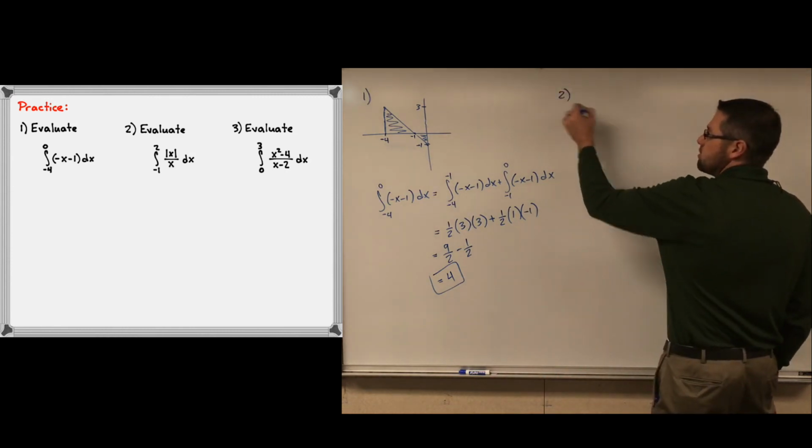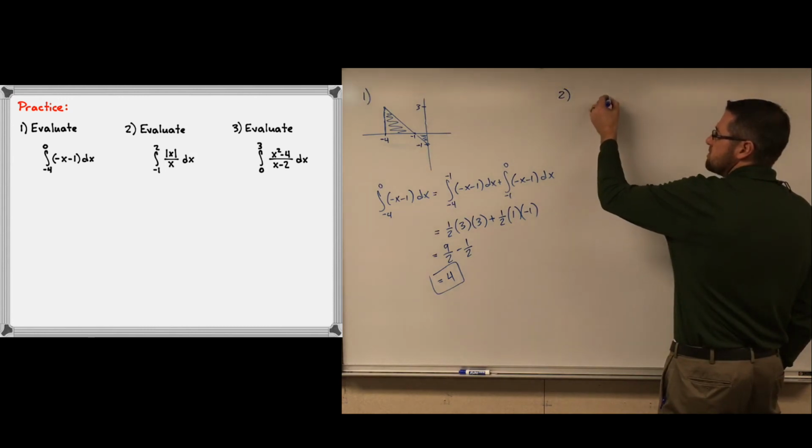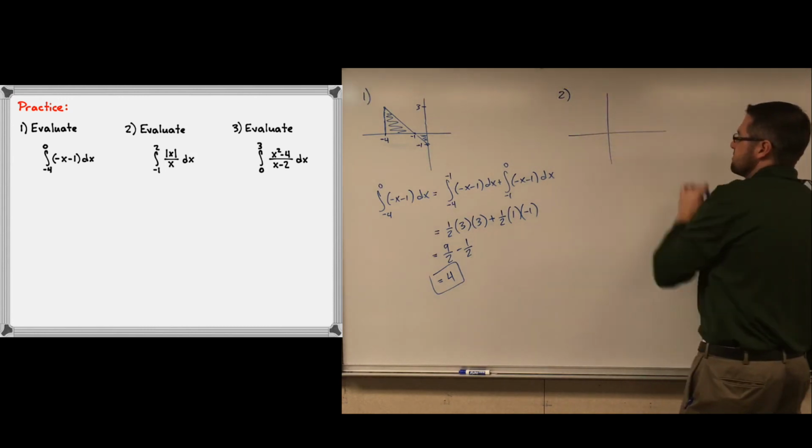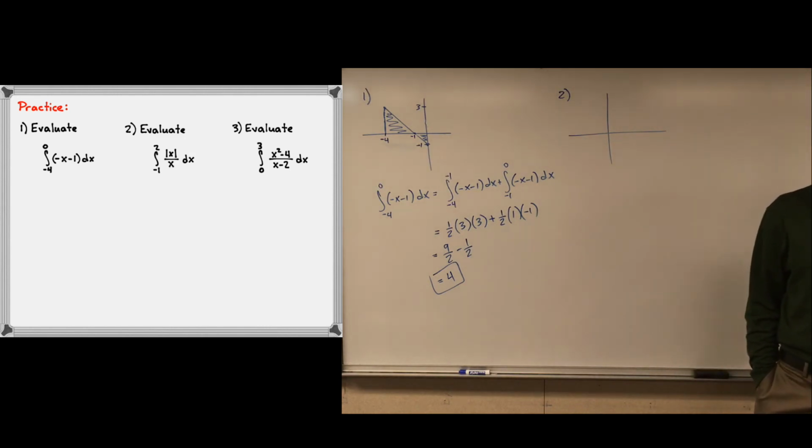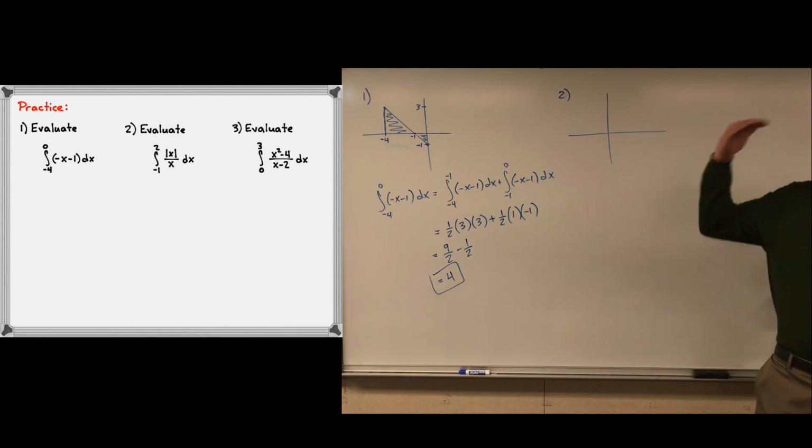Number 2. Do you guys know what that graph looks like? It would be a v if it was just absolute value of x. It's absolute value of x divided by x. Wouldn't this be a line? Kind of. What's x divided by x? 1. The top x is always what? Positive.